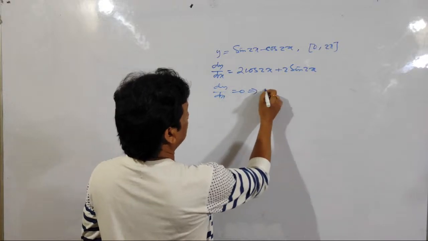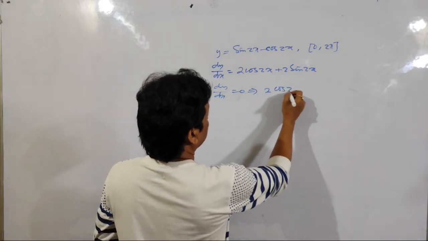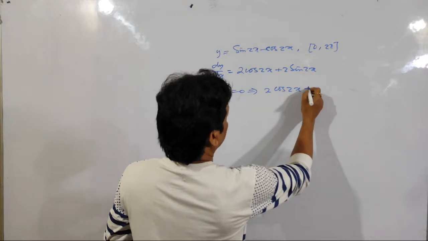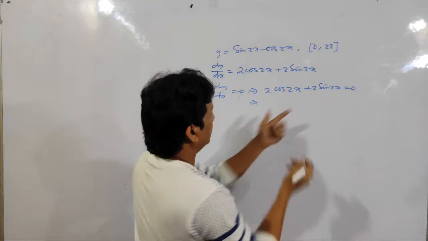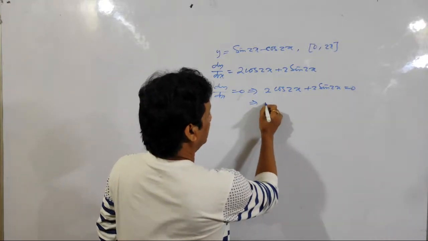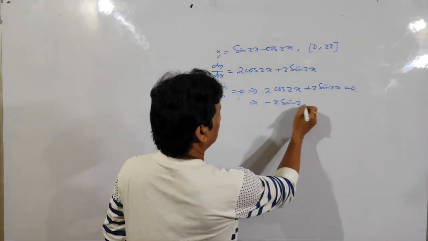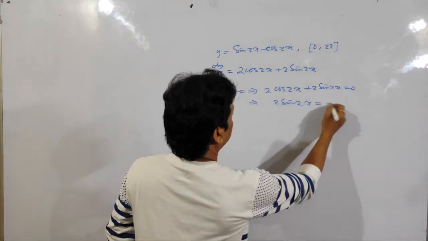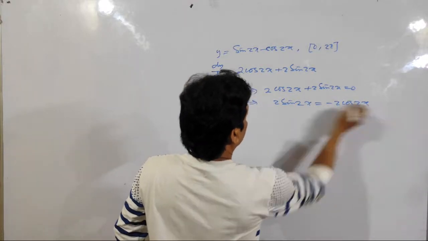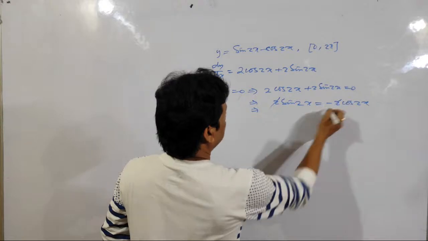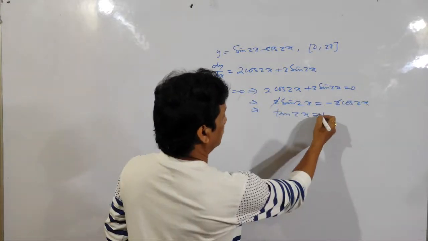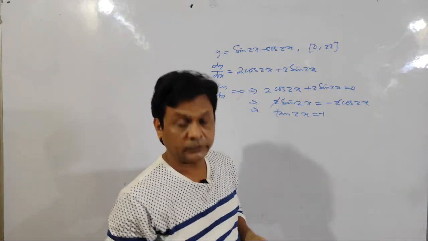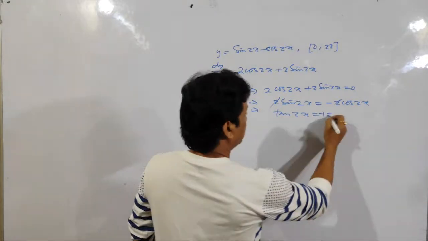That implies 2 cos 2x plus 2 sin 2x is equal to 0. So take 2 sin 2x to the other side, it will become minus 2 sin 2x. So cancelling 2 from both the sides, it is tan 2x is equal to, sorry, minus 1. Clear? And minus 1 means tan of minus pi by 4.